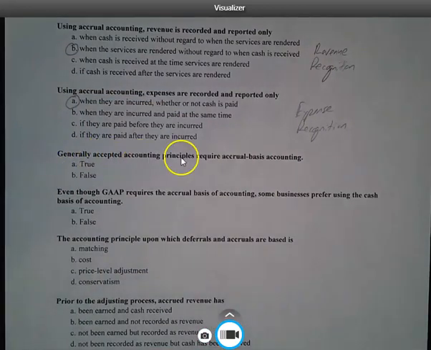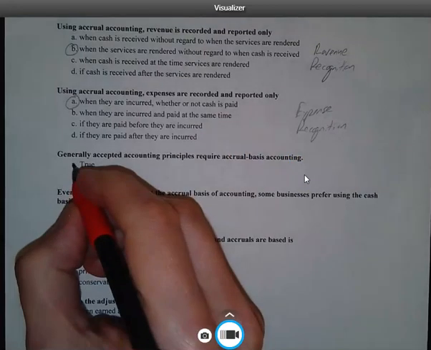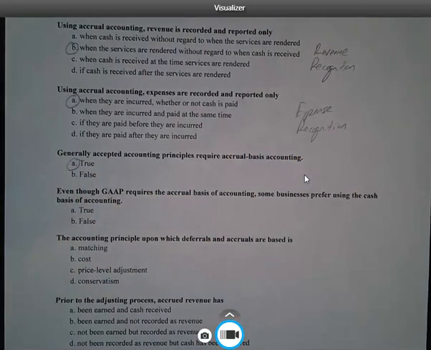Generally accepted accounting principles require accrual basis accounting. This is absolutely, positively a true statement. Now I want you to understand, just a little bit of a word here. I have probably prepared 5,000 tax returns at least in my life, and many of those had small businesses and so forth, and those taxpayers use the cash basis of accounting.